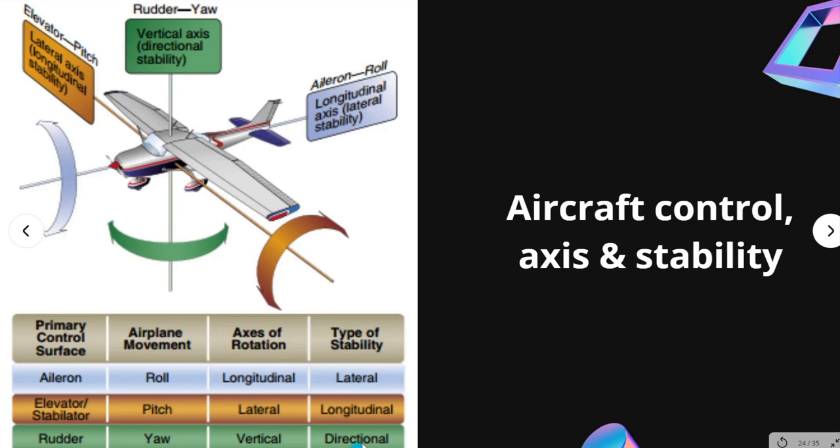So the type of stability is longitudinal stability. And for the rudder, the aircraft yaws about this vertical axis, and the type of stability is directional stability, right? If you have any doubt regarding this stability, you can write it in the comment box. I will reply.